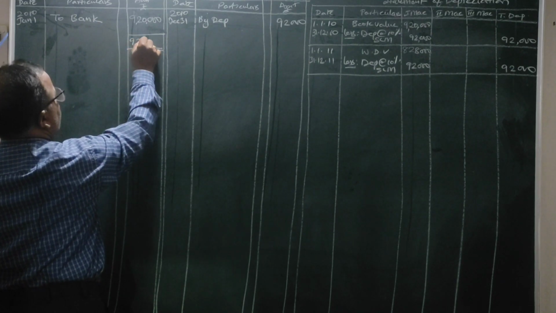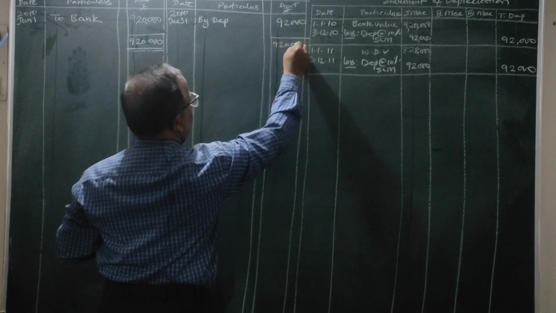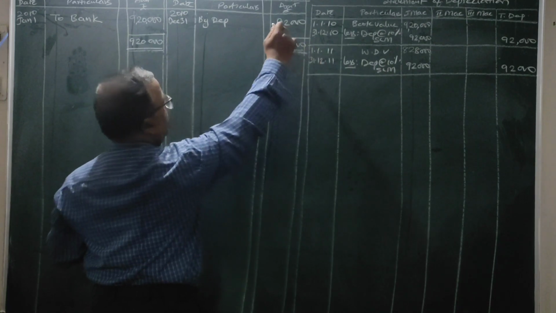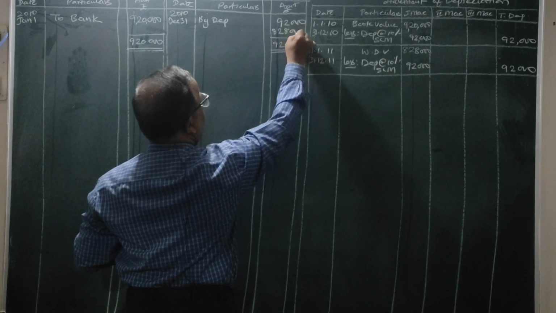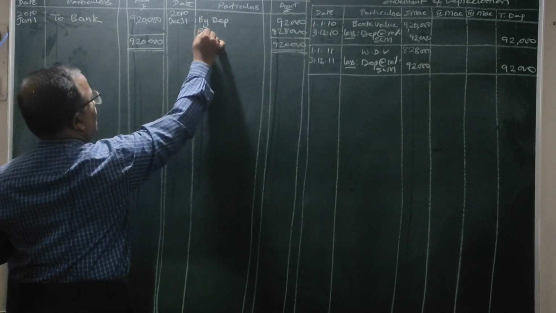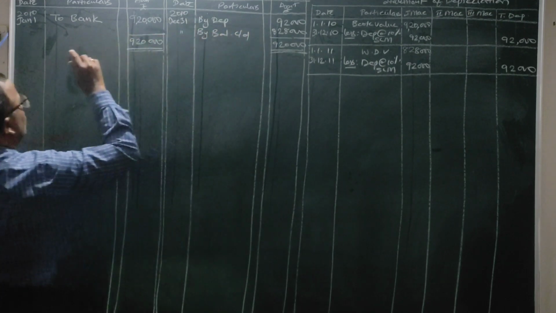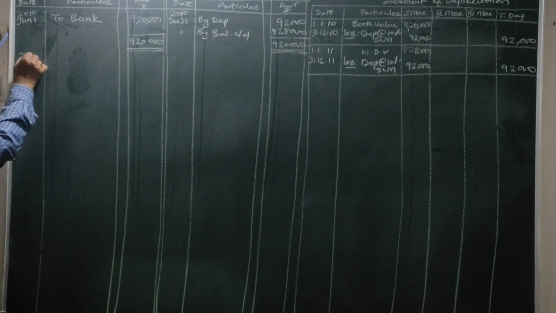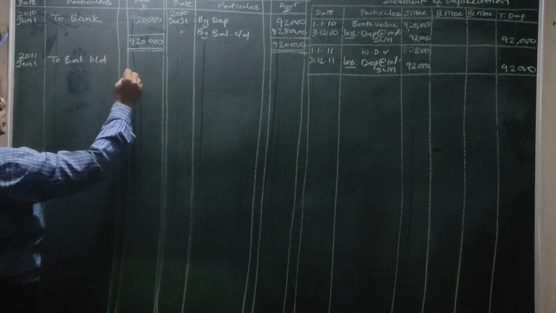Yearly we are going to balance the accounts there. So 9,20,000. From 9,20,000, if you subtract 92,000, it will be 8,28,000. So here you write by balance carried down, which in the year 2011 on January 1 will become to balance brought down. How much?